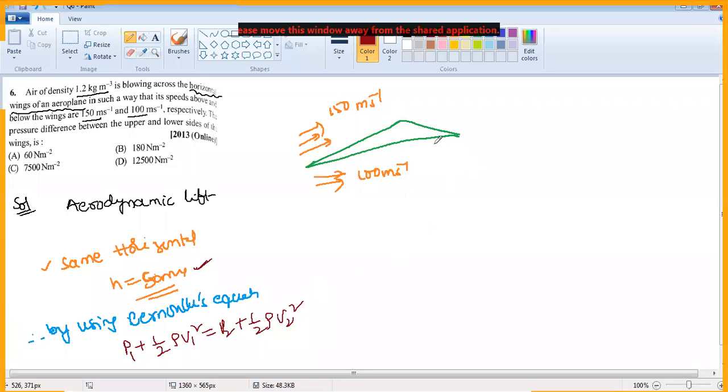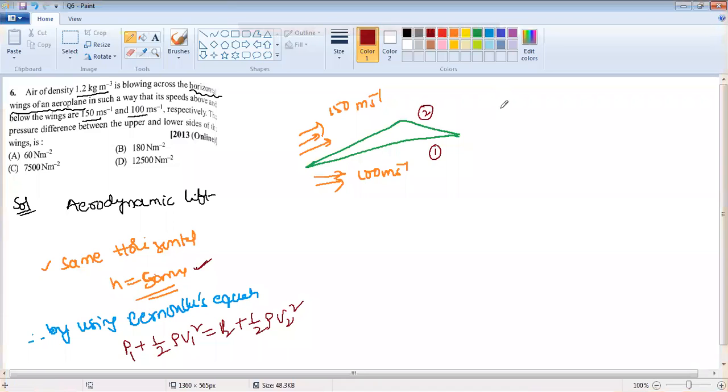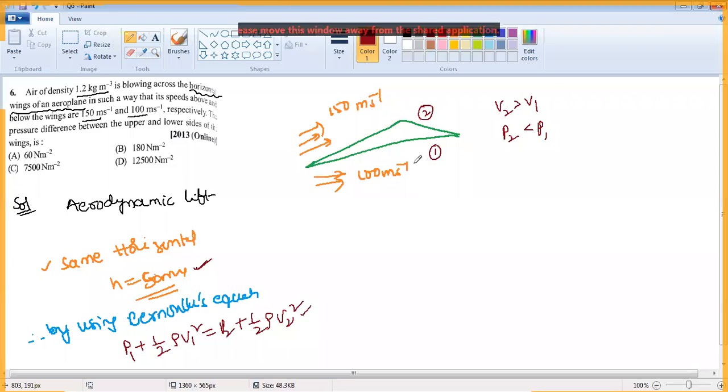P1 is the lower surface and P2 is the upper surface. V2 is greater than V1, so according to Bernoulli's equation P2 is less than P1. So the bottom surface pressure is more than the upper surface pressure. Using this equation, P1 plus half rho V1 square equals P2 plus half rho V2 square.